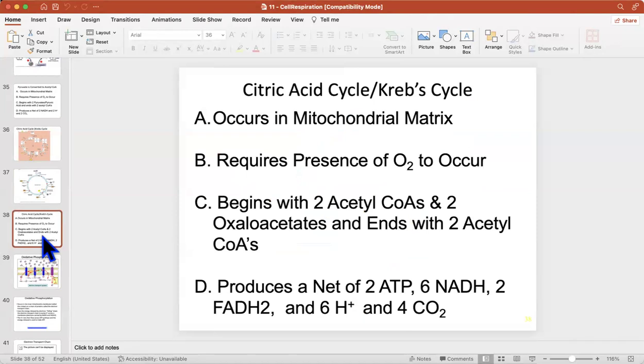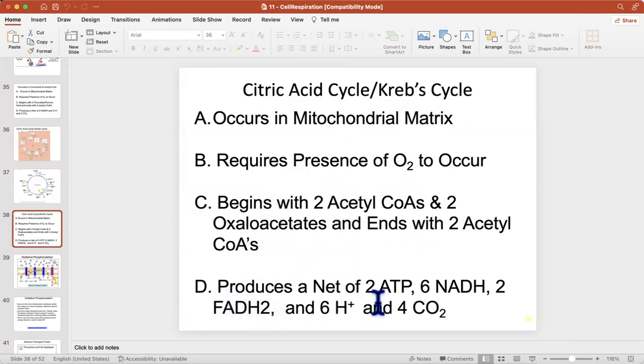So let's look at the summation of the citric acid cycle, also called the Krebs cycle. It happens in the mitochondria. You need oxygen. It starts from 2 acetyl-CoA. What's the output? Still 2 acetyl-CoA, because this cycle just keeps going. But it produces a lot of this.